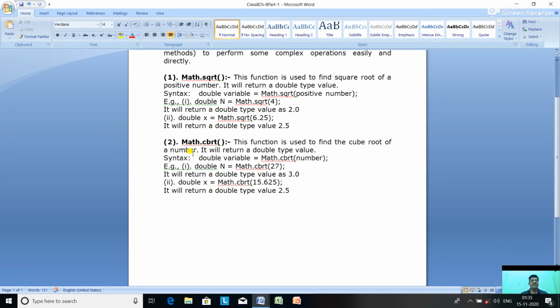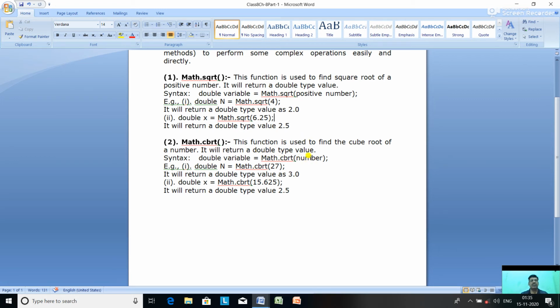Next function is the Math.cbrt function. What is the Math.cbrt function? This function is used to find the cube root of a number, and this also returns a double type value. Syntax: return data type double, variable name equal to Math.cbrt, in the bracket a number.